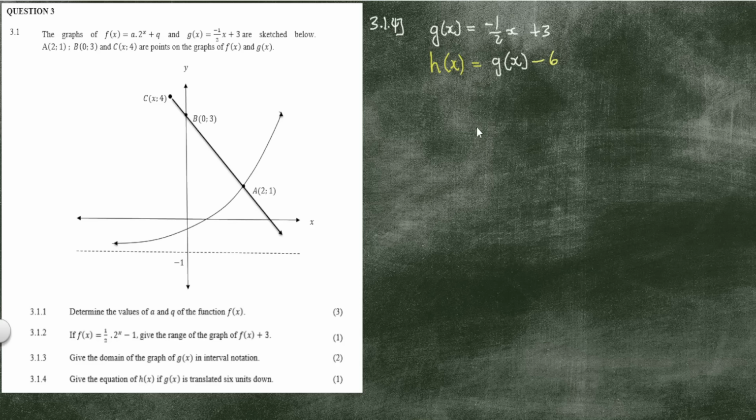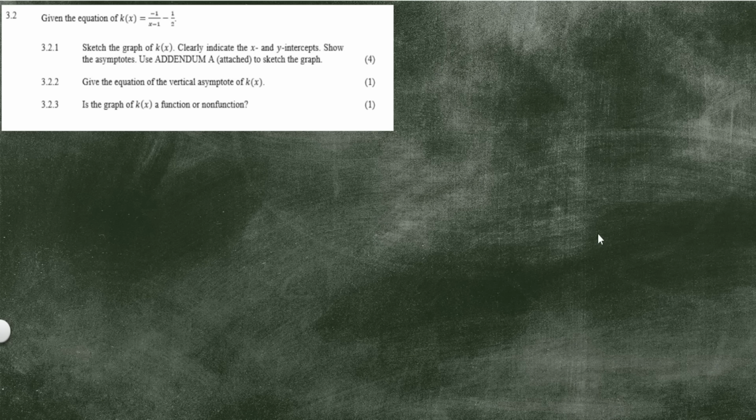So this is equal to minus 1 over 2 x plus 3 minus 6, which is negative 1 over 2 x minus 3. So this is the function for h of x. Now this concludes 3.1, the first part of question 3. Let's hide everything under 3.1. So here there's going to be a little bit of heavy lifting because we need to sketch something.